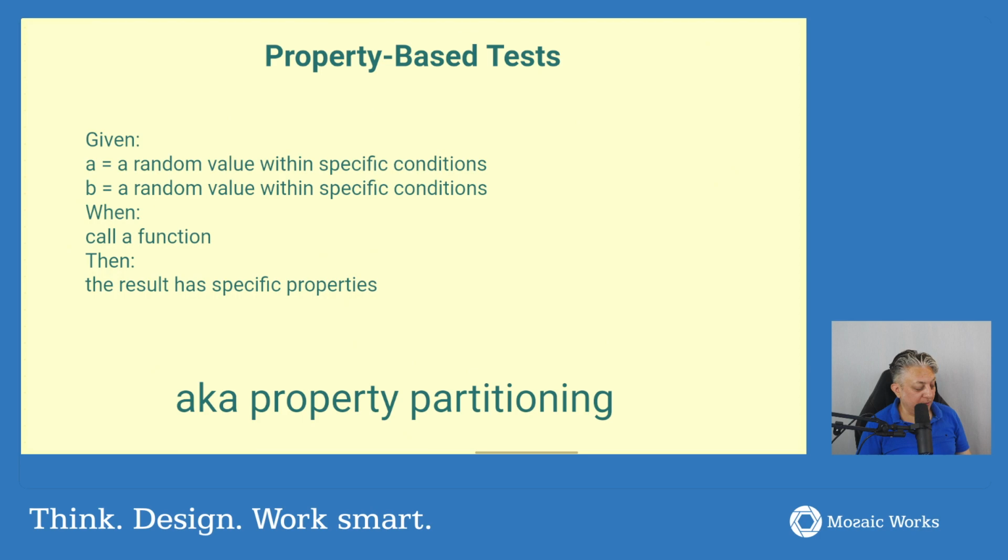Now the problem with this one is that you need to find the properties correctly, or it might occasionally fail, and then you'll have to figure out why it failed. So this is both an advantage and a disadvantage.